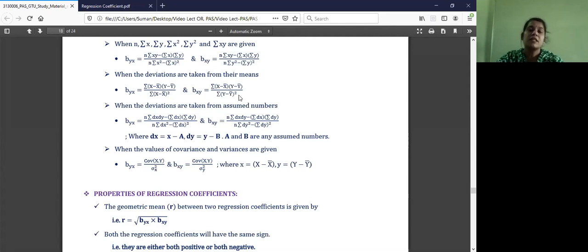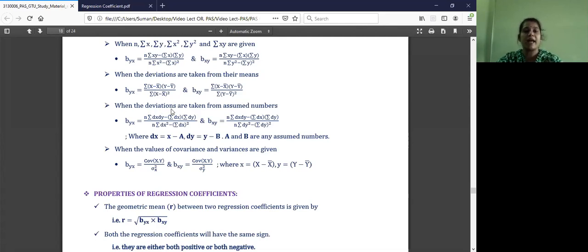Don't be confused. In our correlation coefficient, in the denominator we write under root summation x minus x bar whole square. Keep in mind, in regression coefficient we write without under root, summation x minus x bar whole square and summation y minus y bar whole square.